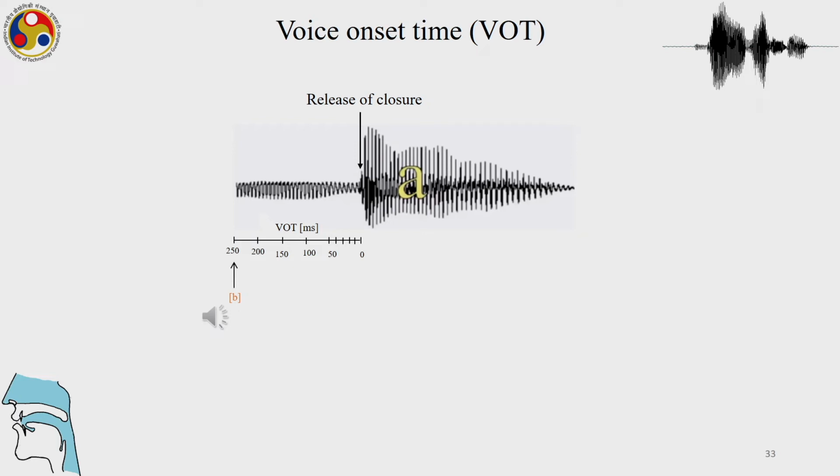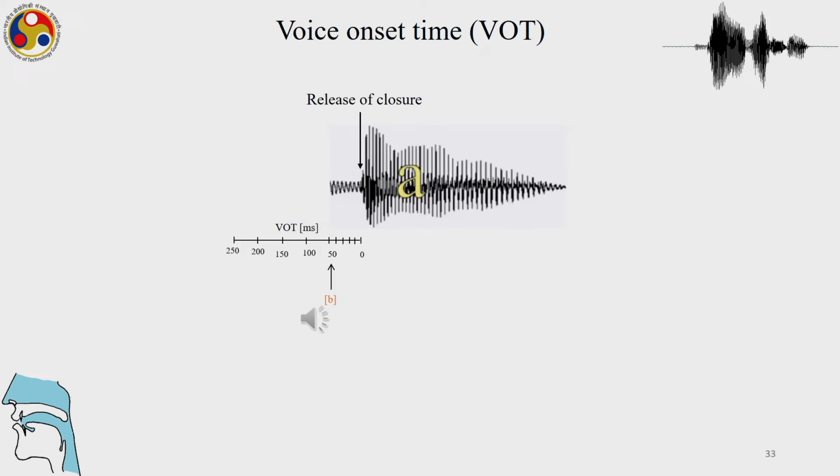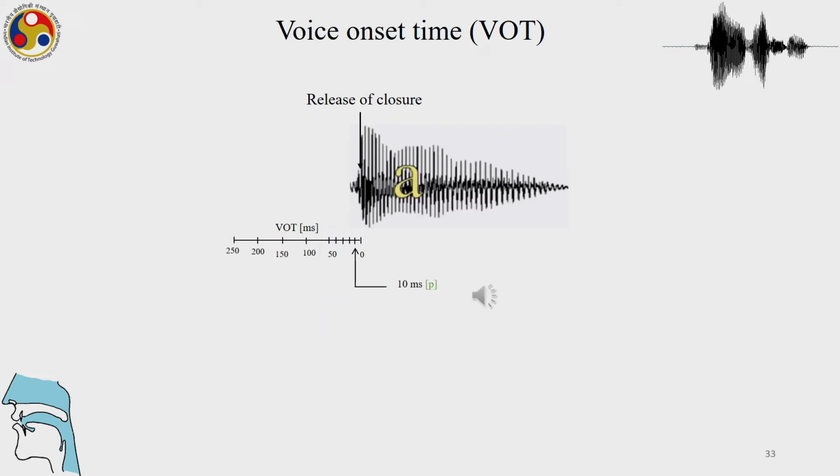Ba. So, we see that the voice onset time there takes a lot of time, so 250 milliseconds. So the vowel is ah. Now you heard one sound, ba. Now you hear another sound around 50 milliseconds, and now you hear a third sound, pa, at 10 milliseconds.